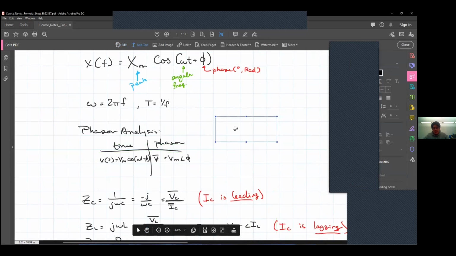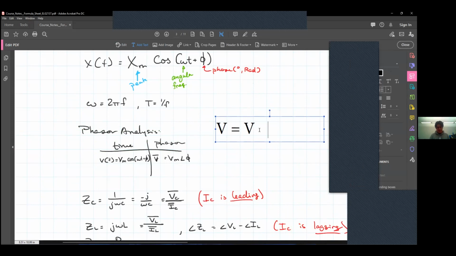So those other forms are, you would have V equals Vm times e to the j, I guess in this case it would be phi.